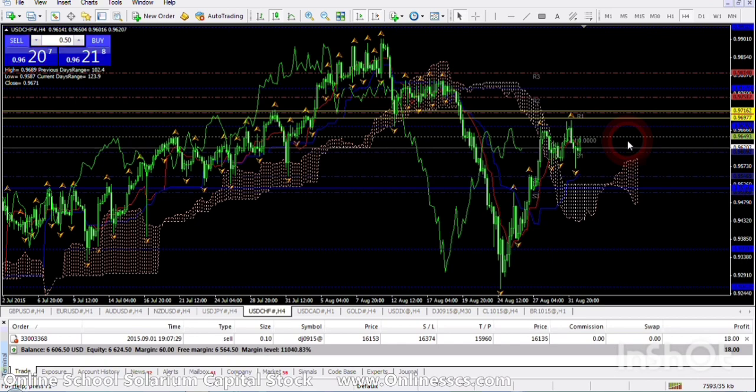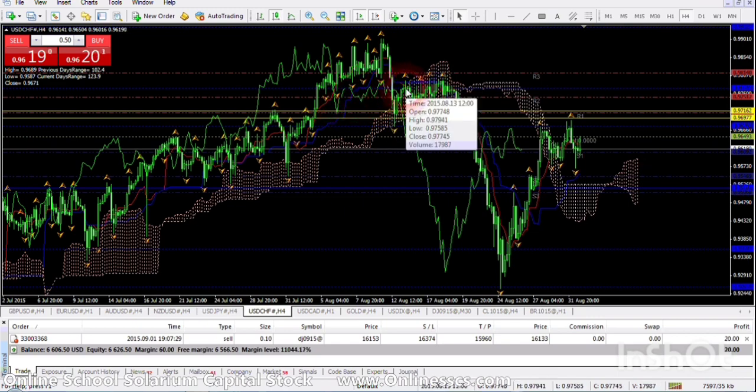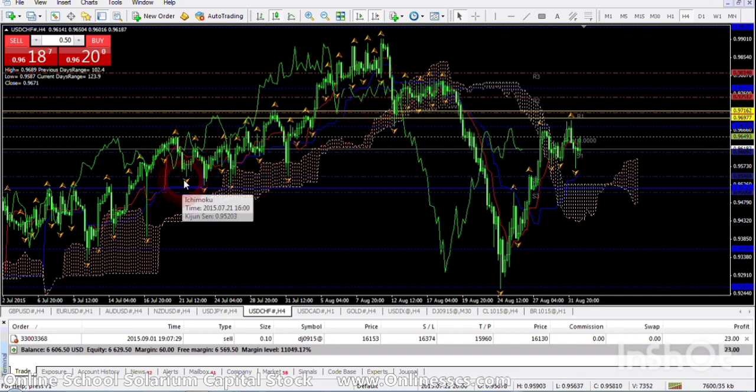Or these squares that are formed here, and after it, the crosses get formed. So what do these mean?